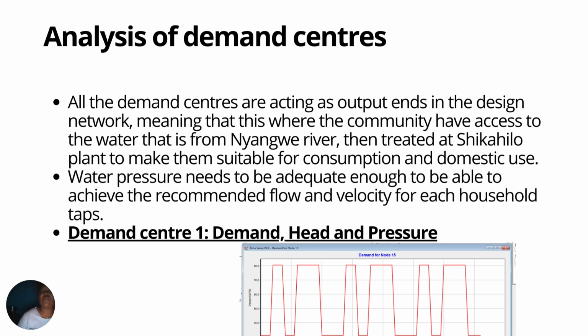Water pressure needs to be adequate to achieve the recommended flow and velocity for each household tap. This is just a screenshot from demand center number 1, depicting the demand, the head, and the pressure.